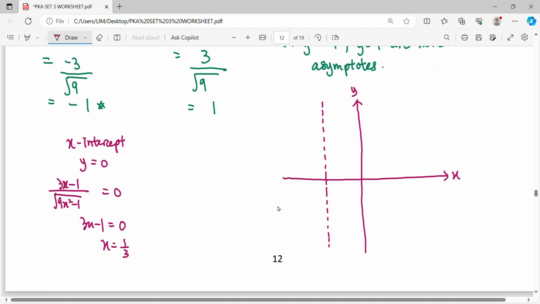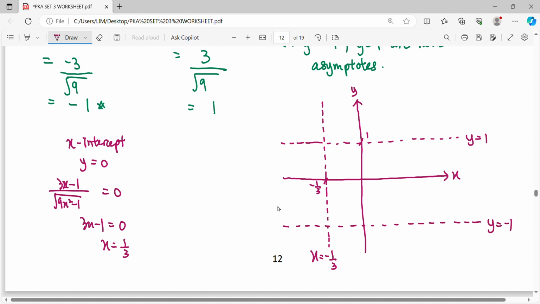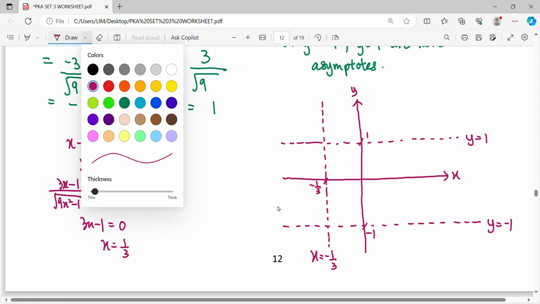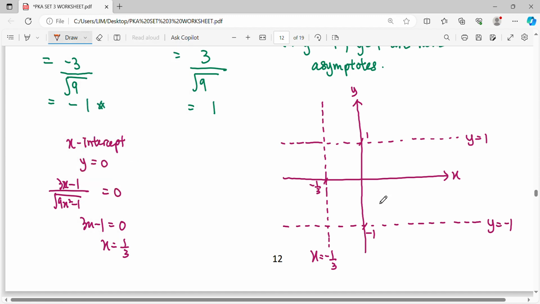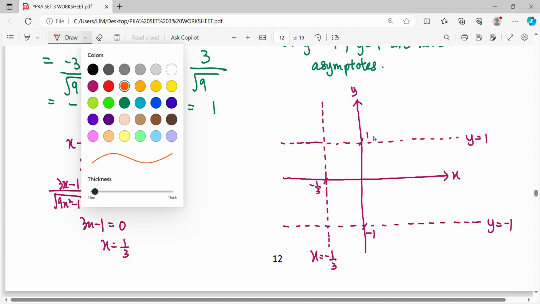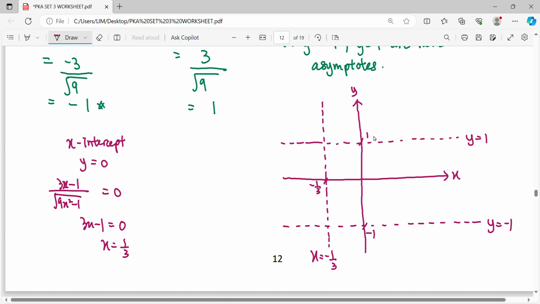So once you draw together with label, and horizontal asymptote happens at y equals 1, here, and y equals -1. Okay, so where the graph is approaching, and our intercept, we read our intercept 1 over 3.